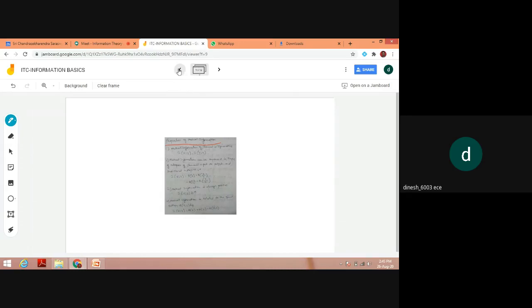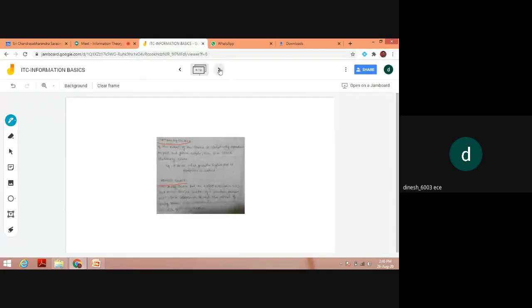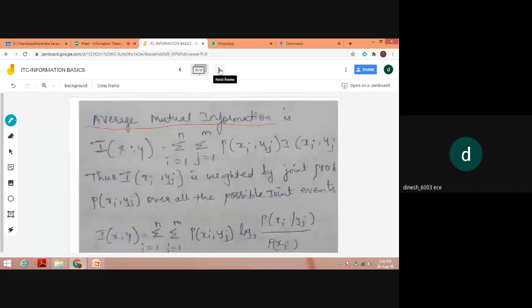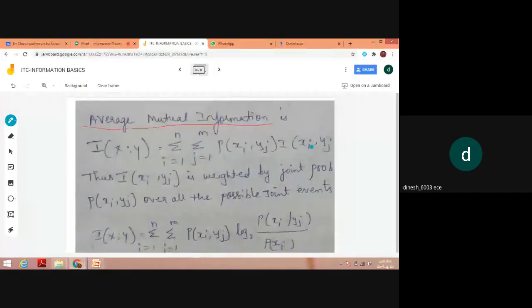The same information is what we are seeing. So average mutual information can be obtained from the equation which you had seen just now.